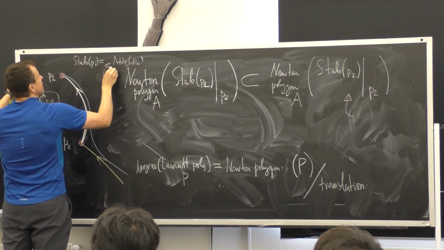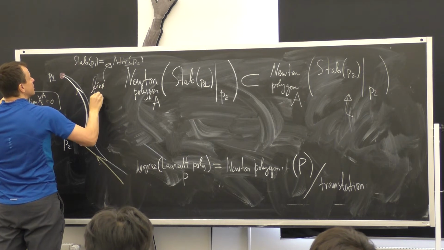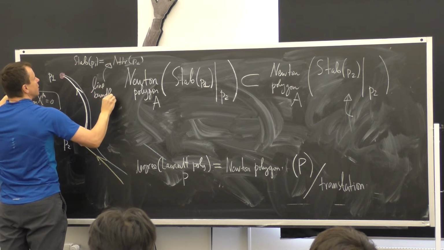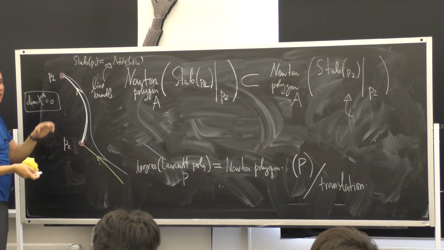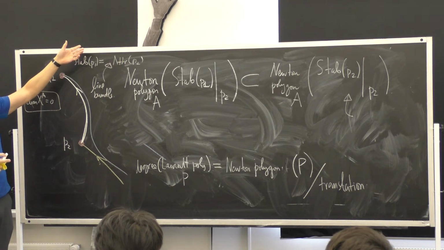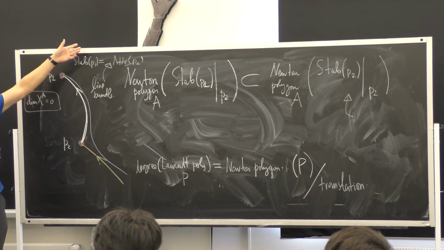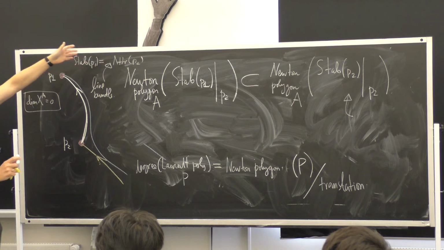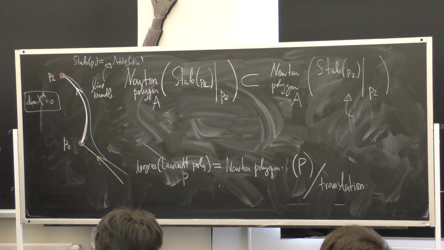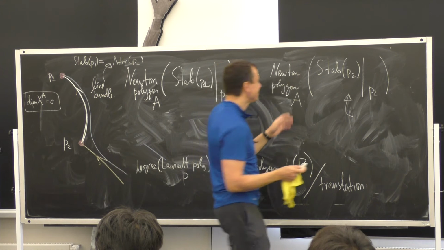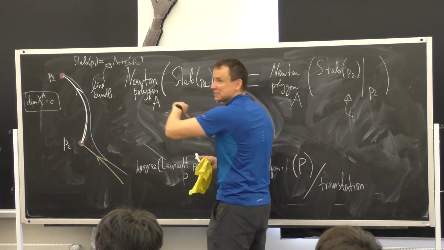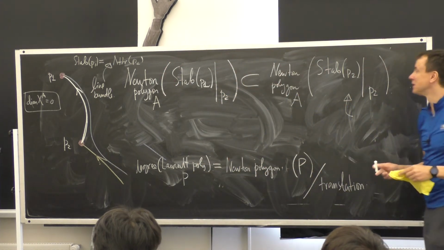It's just some line bundle here. You have to put this line bundle, or you're going to get in trouble like Michael did yesterday. And so this line bundle has to do with polarization.